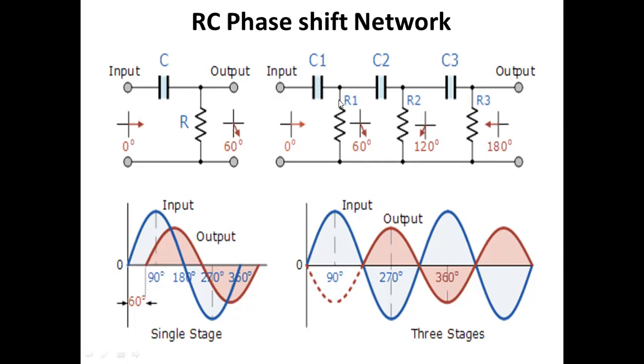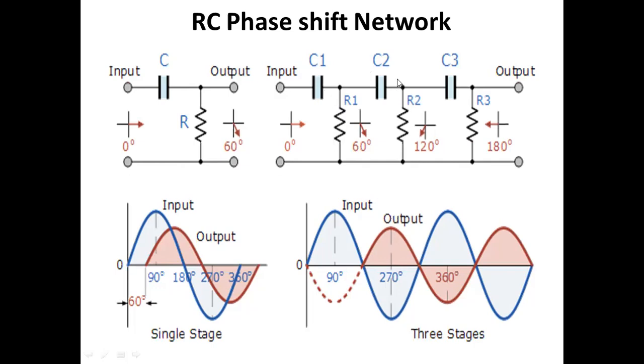As the name indicates, it consists of only resistors and capacitors, and when they are used along with an active element, which can be a FET, a BJT, or an op-amp, then it forms an oscillator.